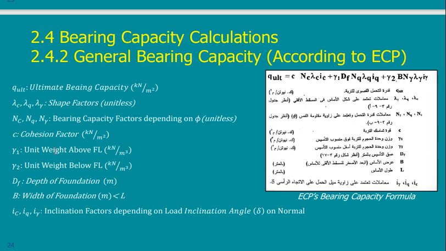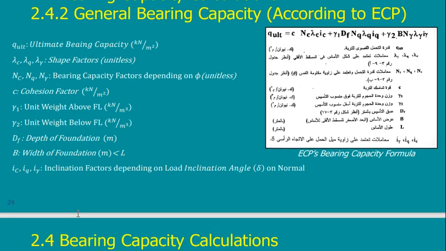See the cohesion, gamma 1 unit weight above foundation level, gamma 2 unit weight below foundation level, dF depth of foundation, B width of foundation, IC, IQ, I gamma, these are inclination factors. If the load is inclined, suppose that we have a load that is inclined on the footing, the footing is not perpendicular to the ground, or the load is not perpendicular to the ground, then in this case there are factors for the inclination.